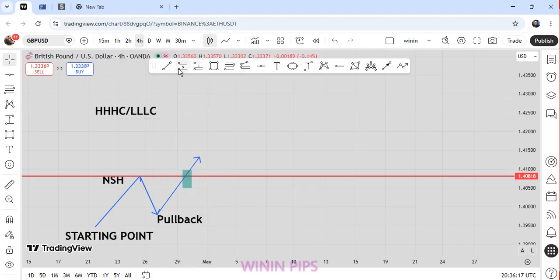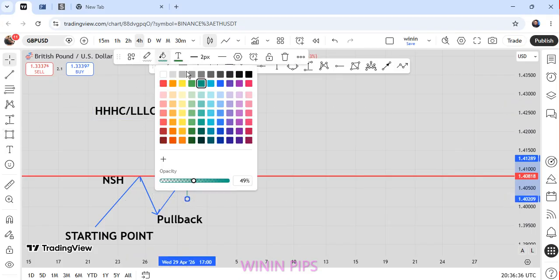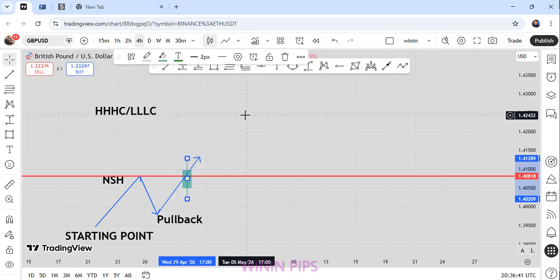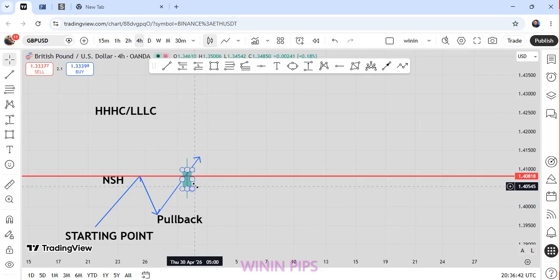Then, alright, let me still use this and change the color to green as well. So let's say this is the candle that went through or tested this particular high.